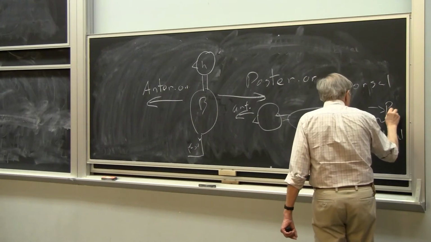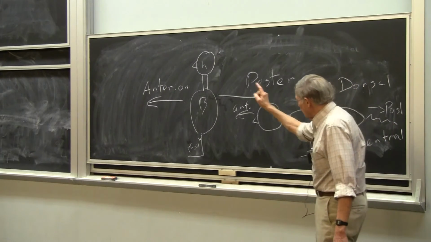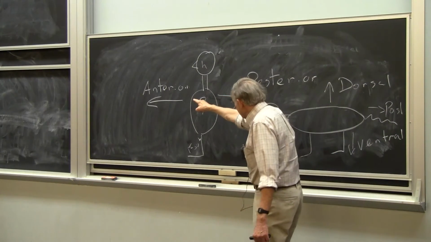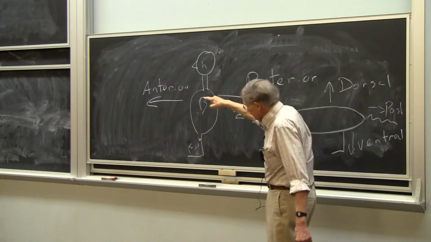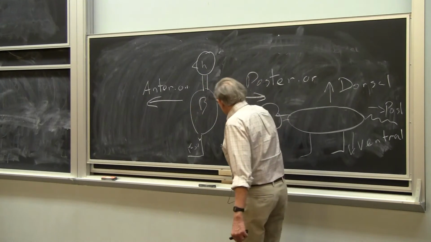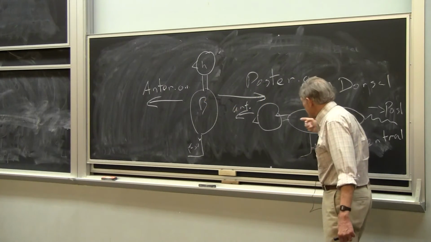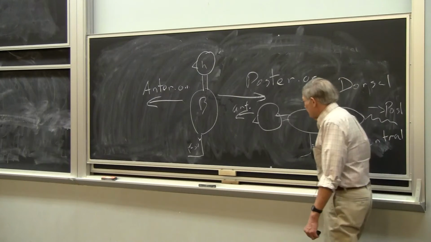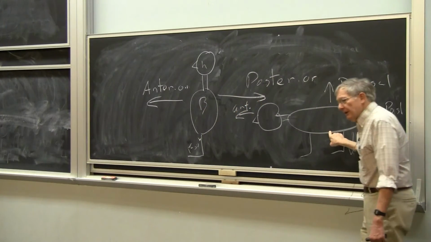But the big difference is that things that are called anterior in people, or any animal that stands on its hind legs, are in that direction, whereas anterior in this case is sort of like this. So something that's anterior here is going to be ventral here. Okay, sorry about this.